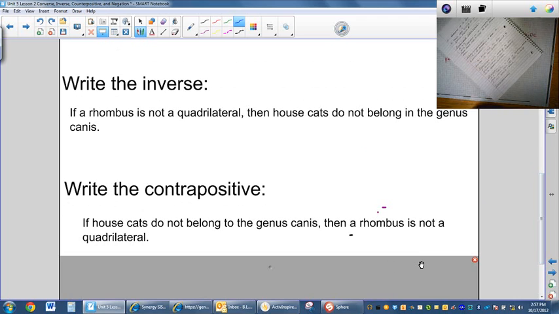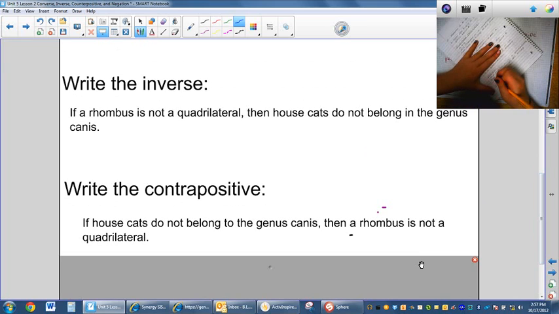Perfect, exactly right. If house cats do not belong to the genus Canis, then a rhombus is not a quadrilateral.